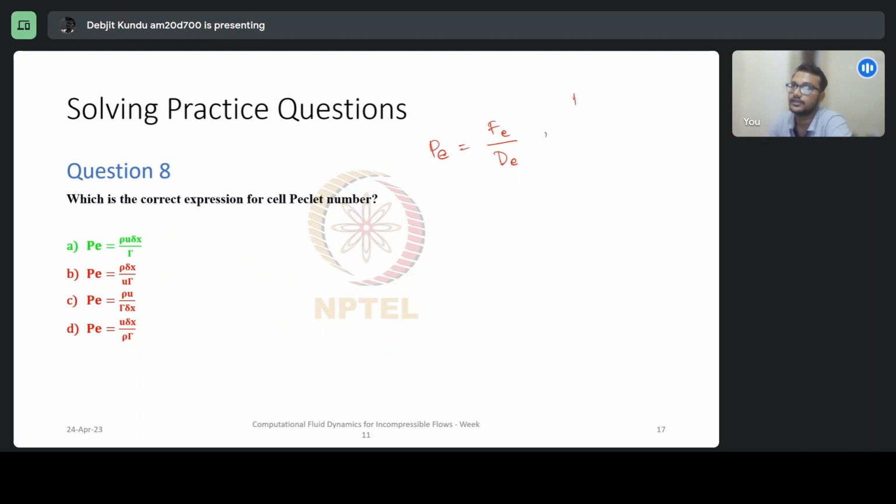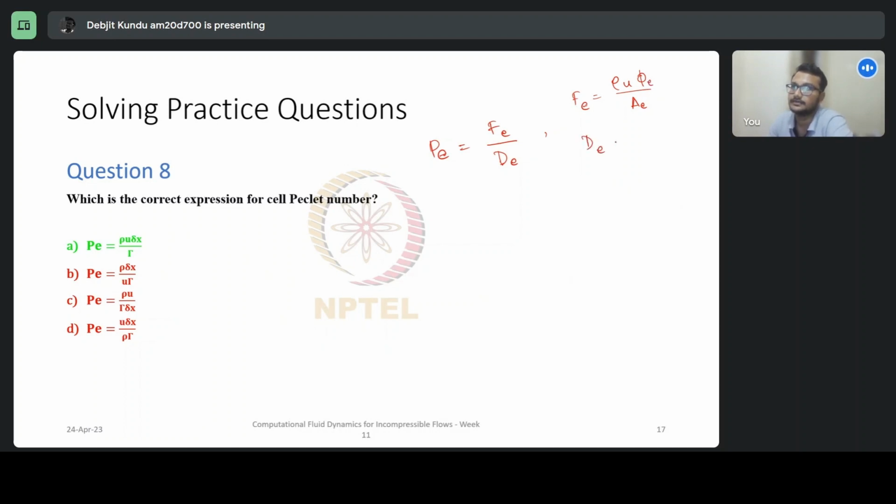And we know that the convective coefficient is equal to rho u over a, sorry, not delta x, rho u over a, and AE rather into phi PE.